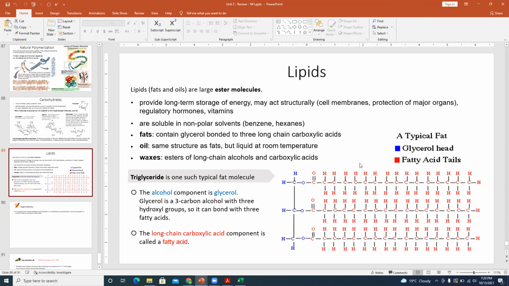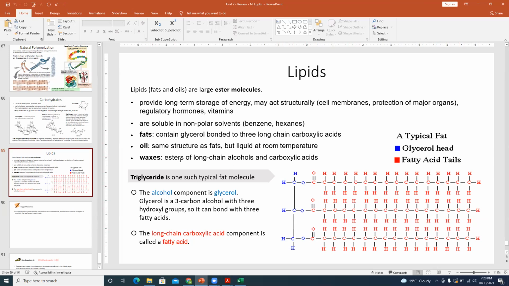So fats contain glycerol, and this part of the molecule is glycerol, that is bonded to 3 long chains of carboxylic acid. So here it's the carboxylic acid end, the COO.